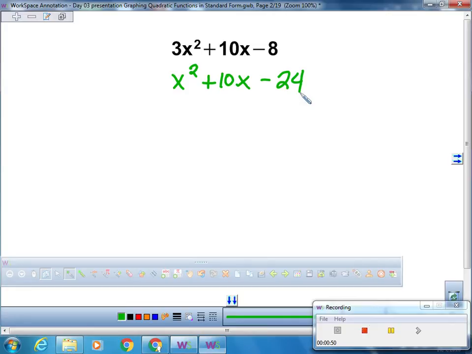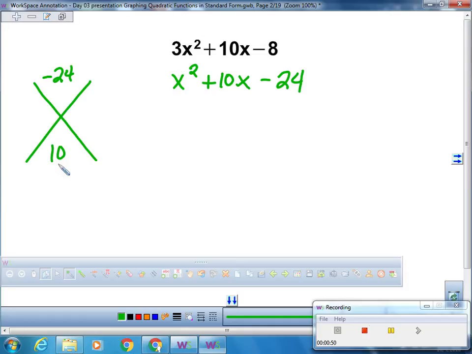Okay, so now this one's easier, that we can do with that x, right? You guys can see it pretty easily. So I have -24. I need two numbers that multiply to get -24, and two numbers that add to get 10. 6 and 4? No, 6 and 4 is not going to work.